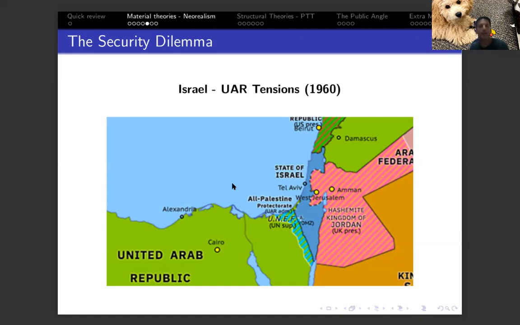But again, this is just an example of how this dynamic of relationship between countries that are only trying to take care of their own security, if you think about it in the context of neorealist theory, might actually lead to what's called spiral escalation and a higher probability of conflict.